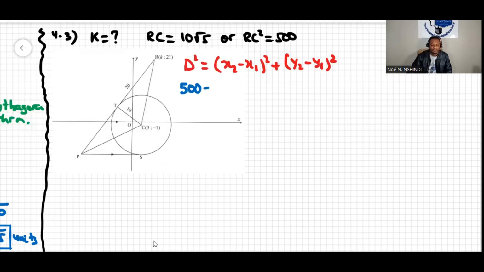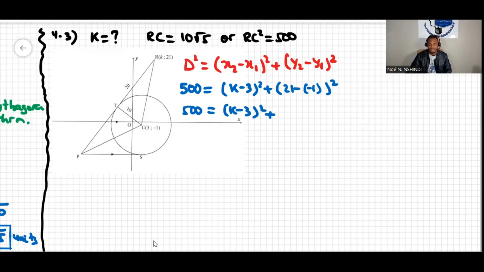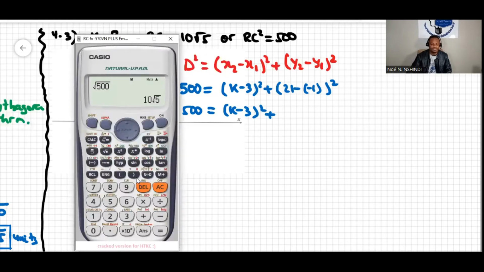So 500 will be equal to x2 minus x1, so k minus 3 to the power of 2, plus 21 minus 1 to the power of 2 also. That makes 500 equal to k minus 3 to the power of 2 plus 22 squared. 22 squared, we can check in the calculator, is 484.